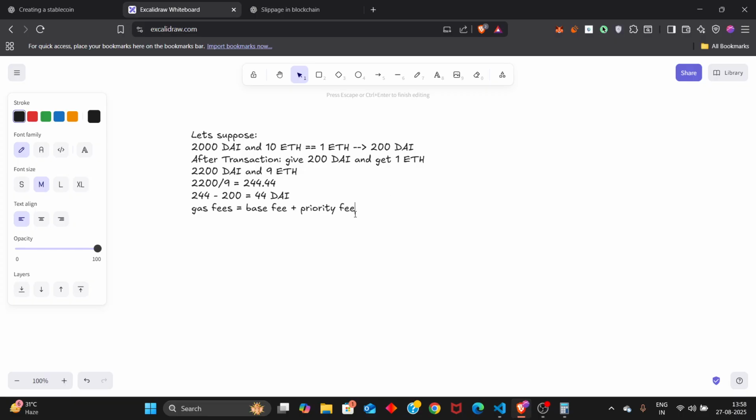This priority fee decides the order of the transactions, like which transaction should go first. Let me give you an example.